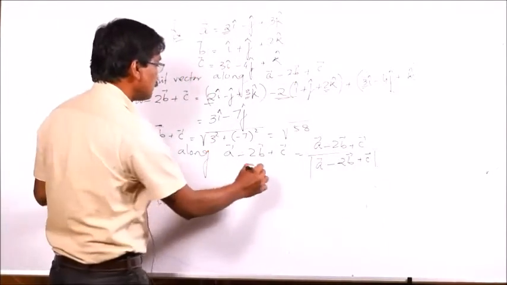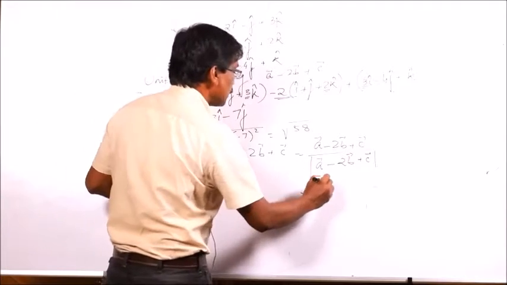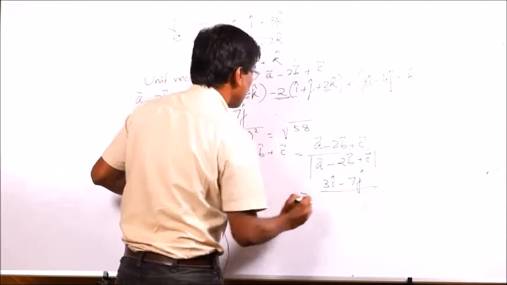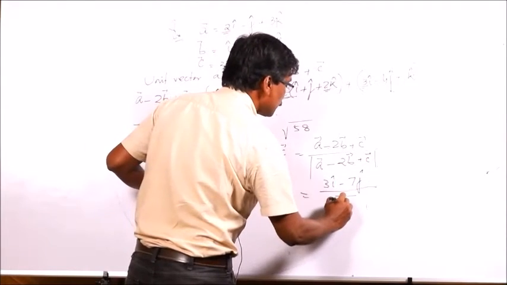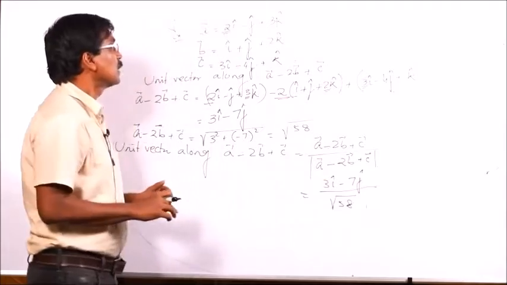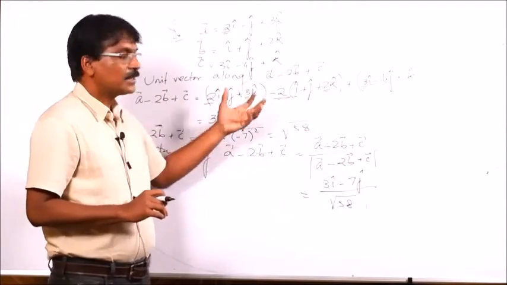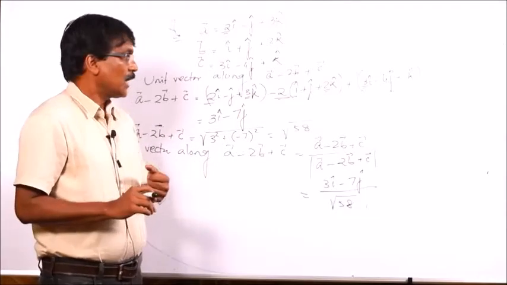So this is equal to 3 i cap minus 7 j cap divided by root 58. So this is all about unit vector, scalar component, vector component.